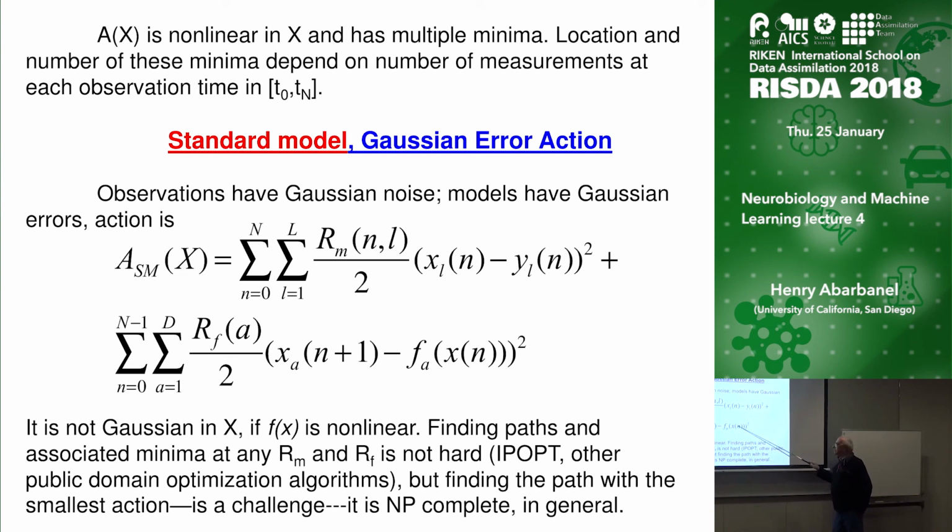These are the Navier-Stokes equations in discrete time, plus 1 over the square root of RF times the Gaussian distribution. RF goes to infinity, the errors go away, this becomes a delta function. This is the model that I call the standard model.